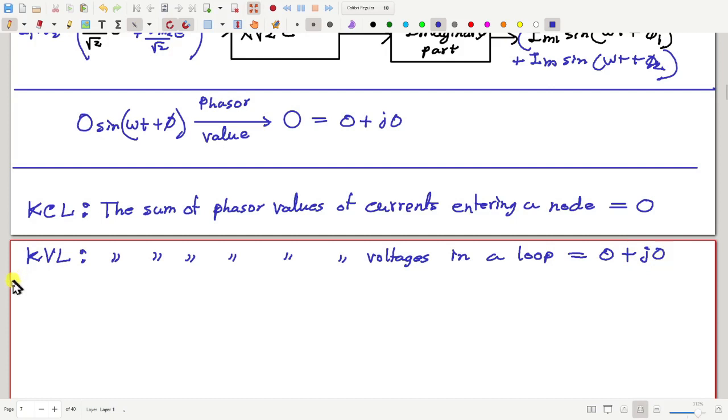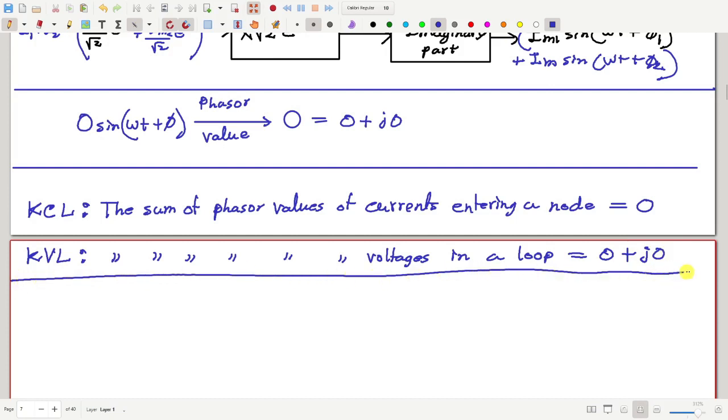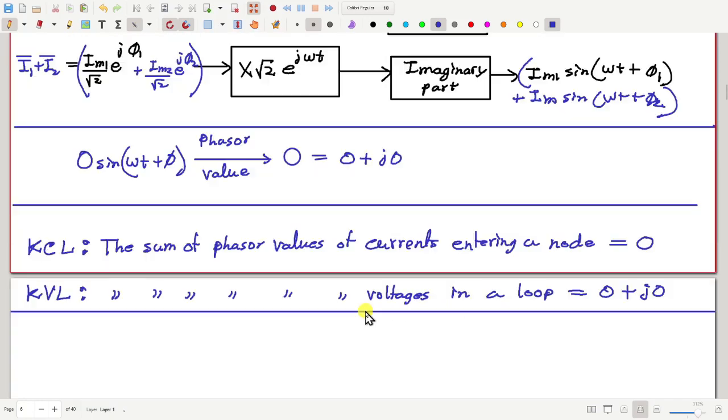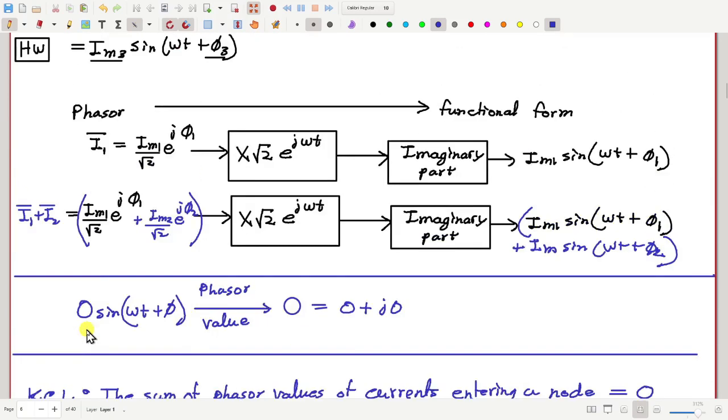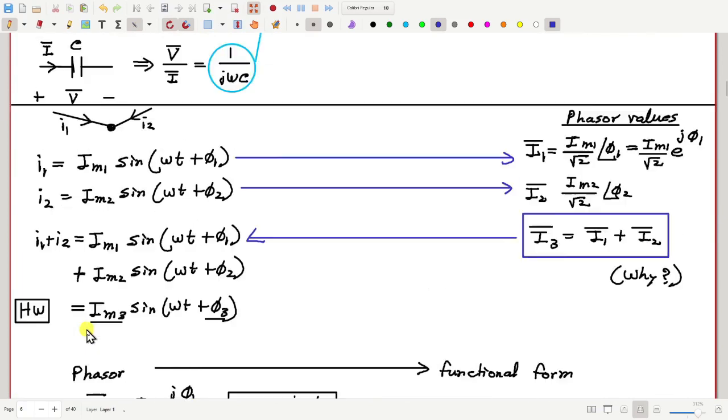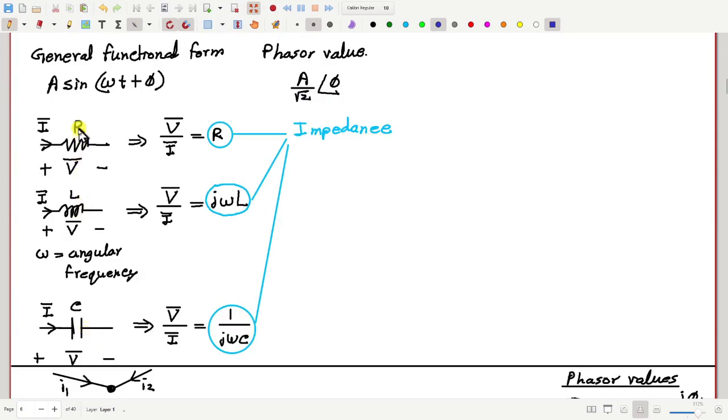So now we see that with the help of phasor values, it is very easy to write Kirchhoff's current law and voltage law, as well as the relation between voltage and current for resistance, inductance and capacitance.